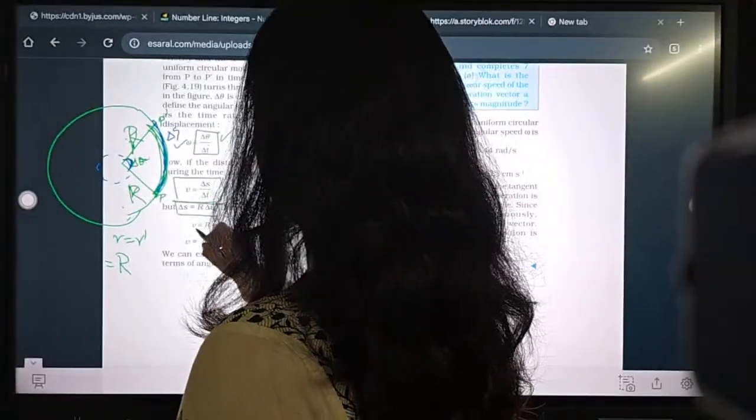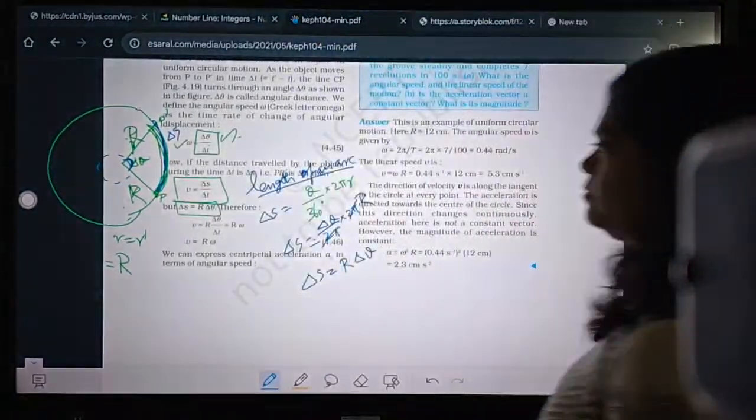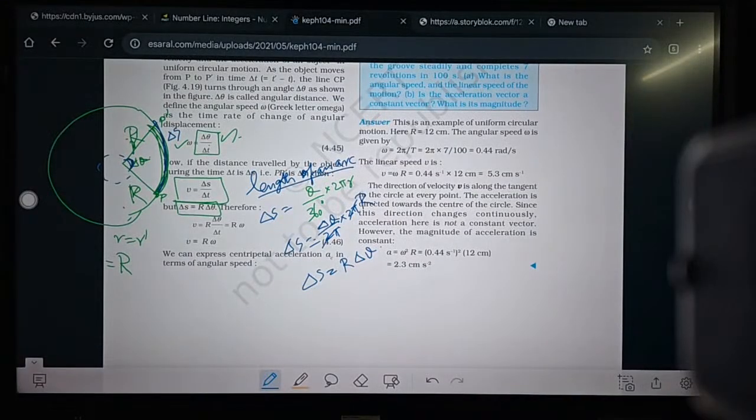That is what is given here. Take a note, make it fast. Finished?